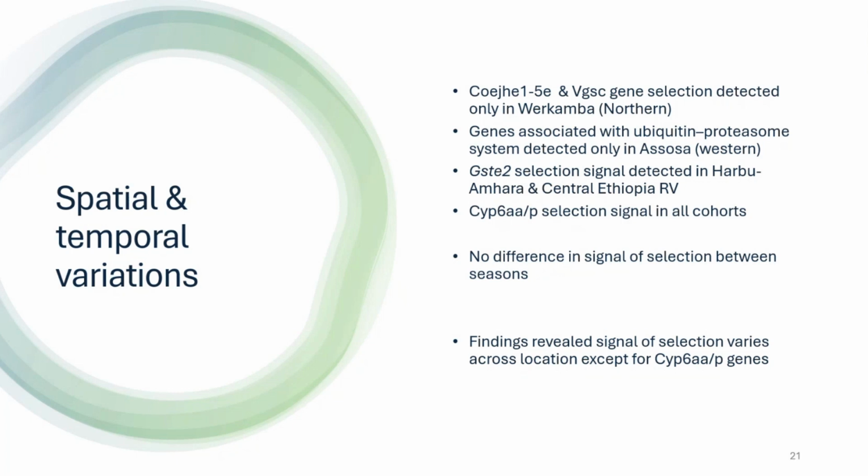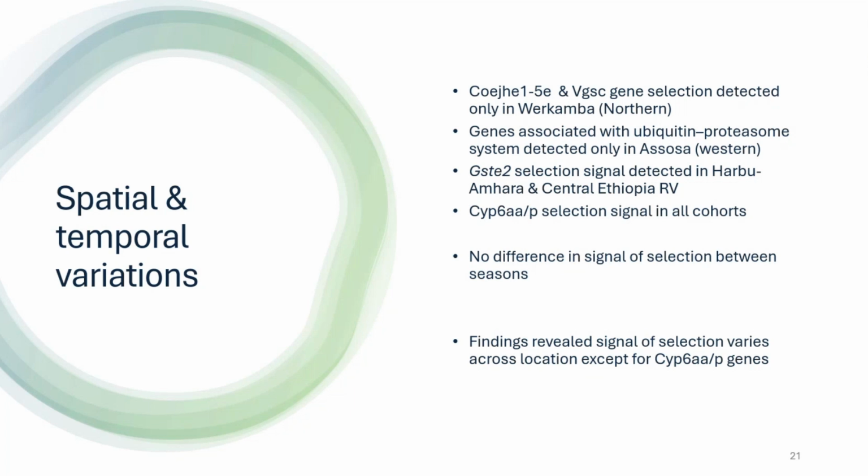The GST2 gene was found under recent positive selection in the central Great Rift Valley of Ethiopia, while the CYP6AAP gene cluster was found under strong selection in all cohorts. But we did not observe any difference in signal of selection between seasons. So the signal of selection varies across geography.